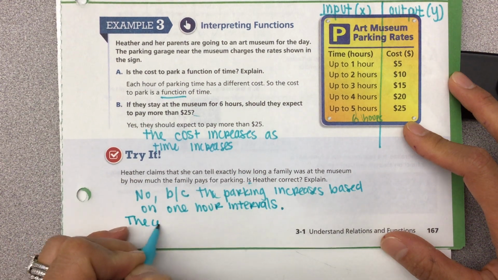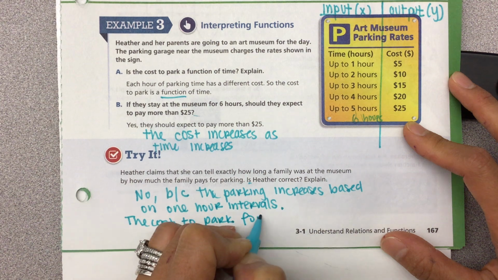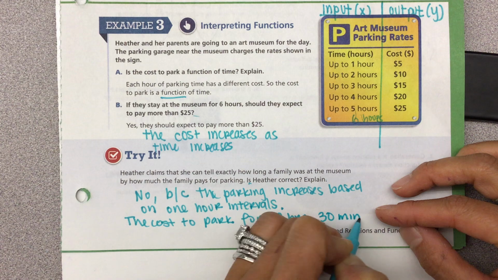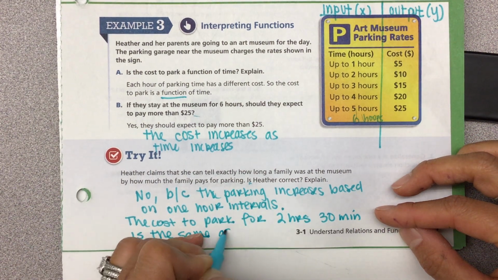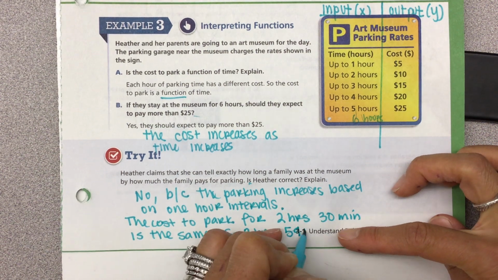The cost to park for, let's say, 2 hours and 30 minutes is the same as 2 hours and 59 minutes.